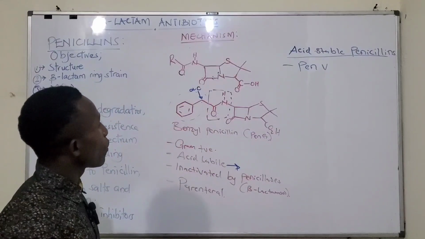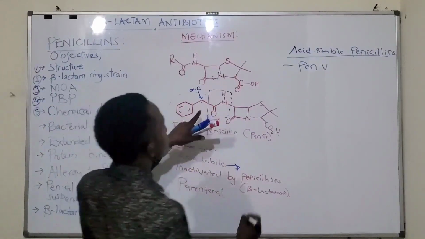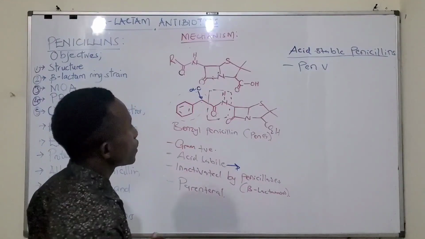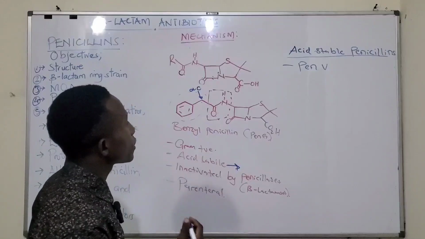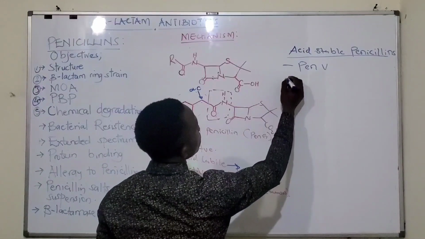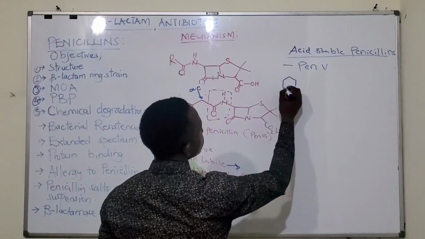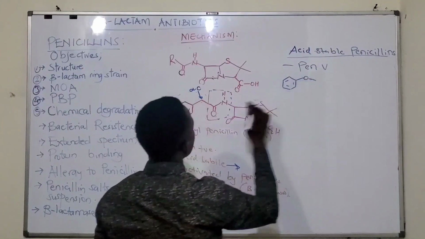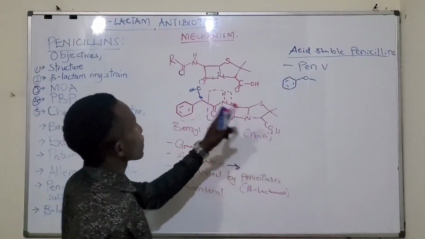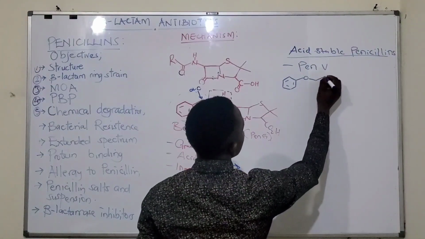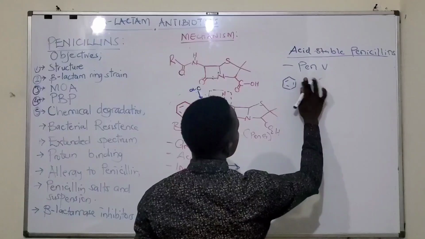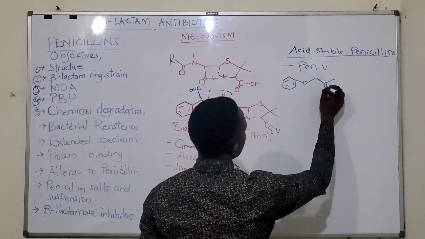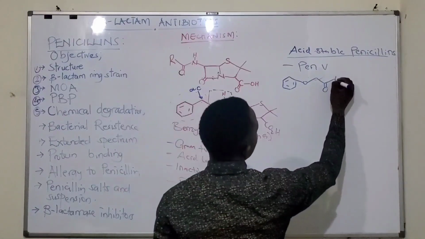Penicillin V is acid stable. The structure of penicillin V, instead of benzyl penicillin, is a phenoxymethyl penicillin now. So it has this group at the R. Then this is the amine.